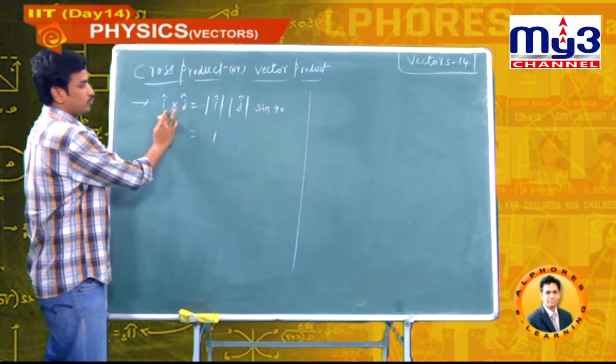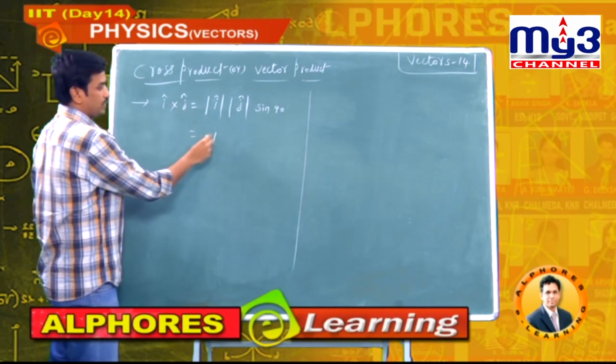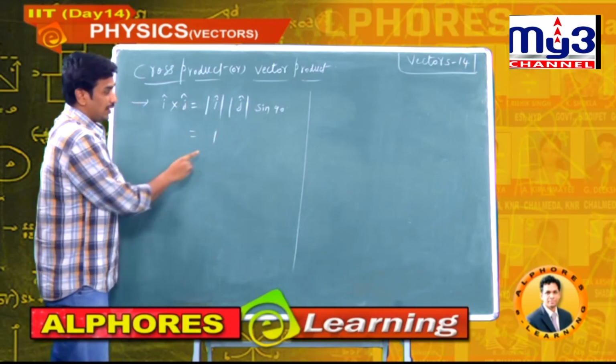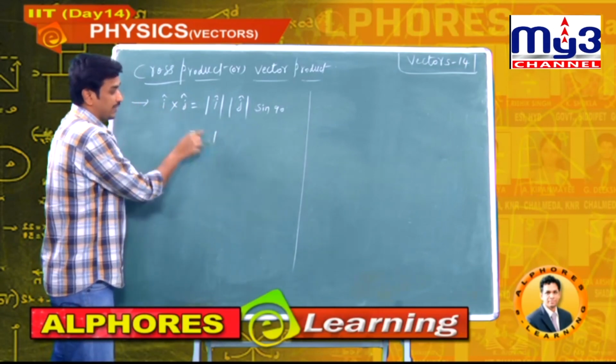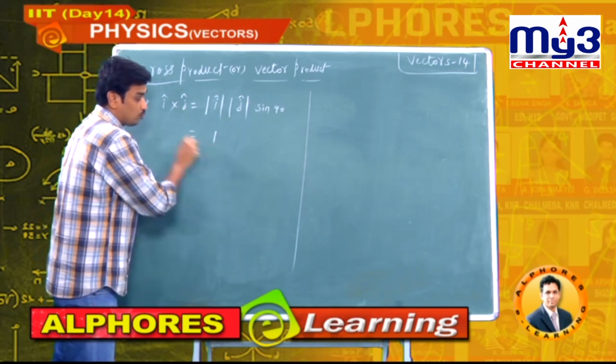Have you understood this point? I cap cross j cap, the value is 1, the magnitude is 1. It is not the direction of I cross j. I cross j cap has value 1, magnitude 1.